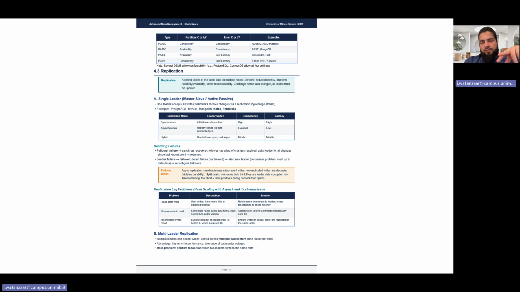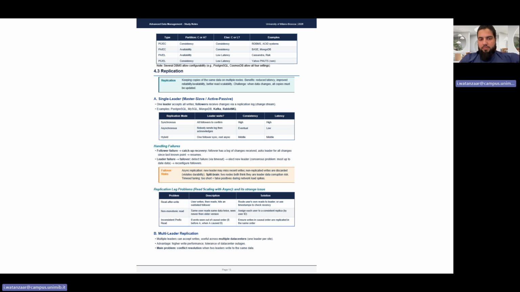When we are read scaling with asynchronous replication, this replication lag problem can give rise to multiple strange issues, like read-after-write inconsistency. What is this? A user writes, then reads, and hits an outdated follower.